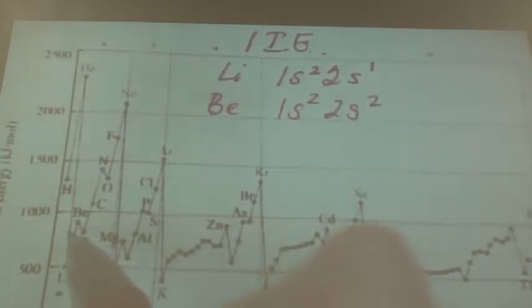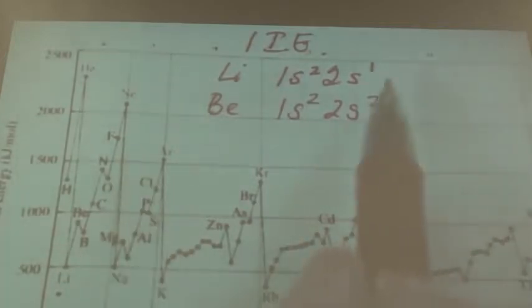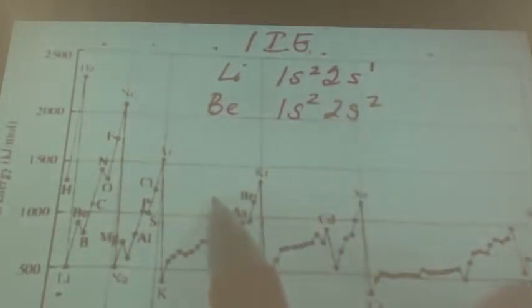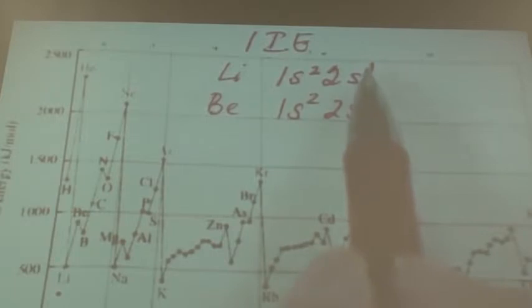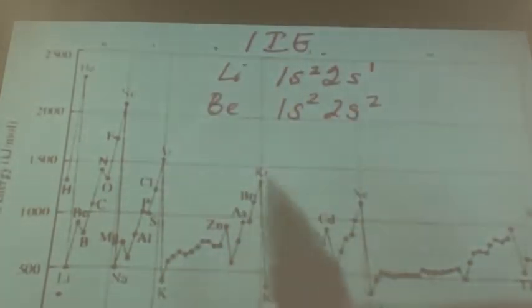It takes more energy to take away beryllium's first electron. Why? It has a stronger pull. Why does it have a stronger pull? It has more protons. Another way to say that, it is a greater effective nuclear charge, correct? The attraction of these valence electrons for the nucleus is greater than this valence electron for lithium's.